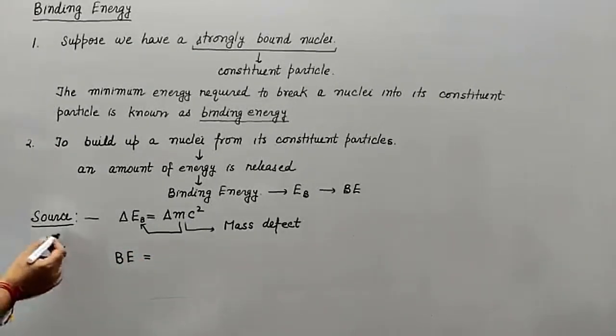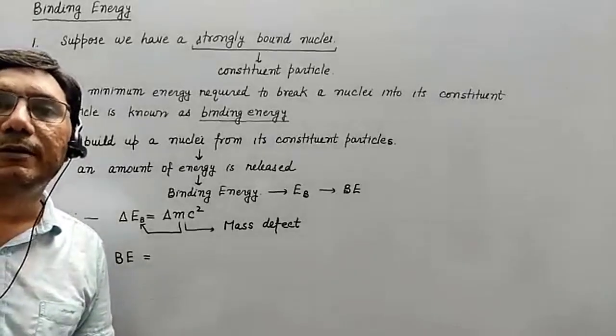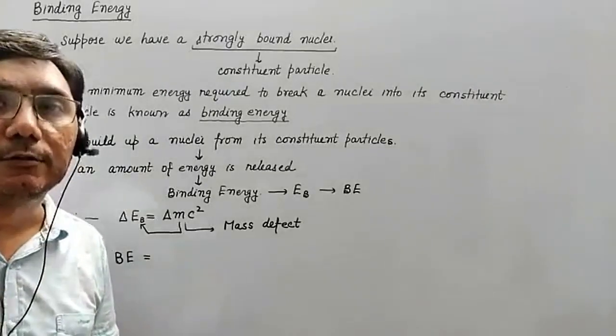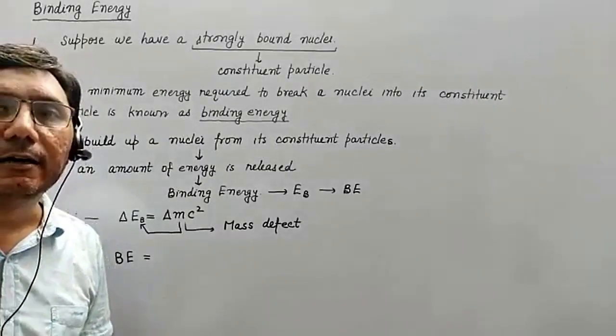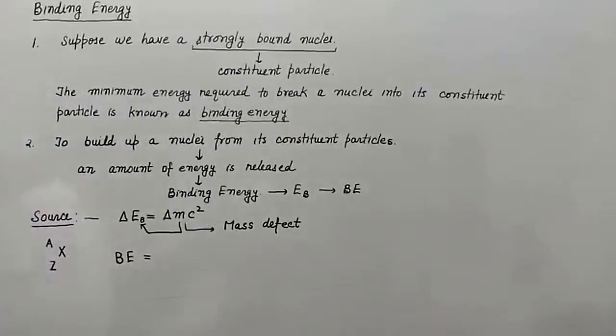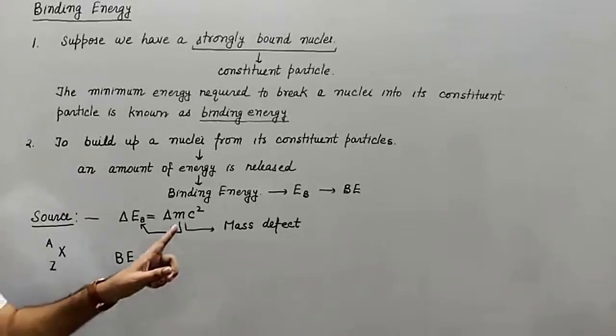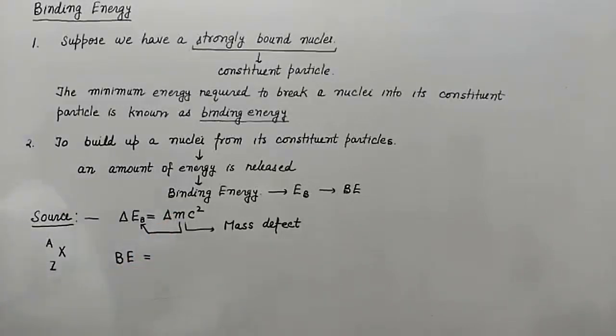Actually, when we use different spectroscopic techniques, you will find the mass of the atom rather than the mass of the nuclei. So first we will write this binding energy in terms of the mass of the atom, and later on I will convert this formula in terms of the mass of the nuclei.